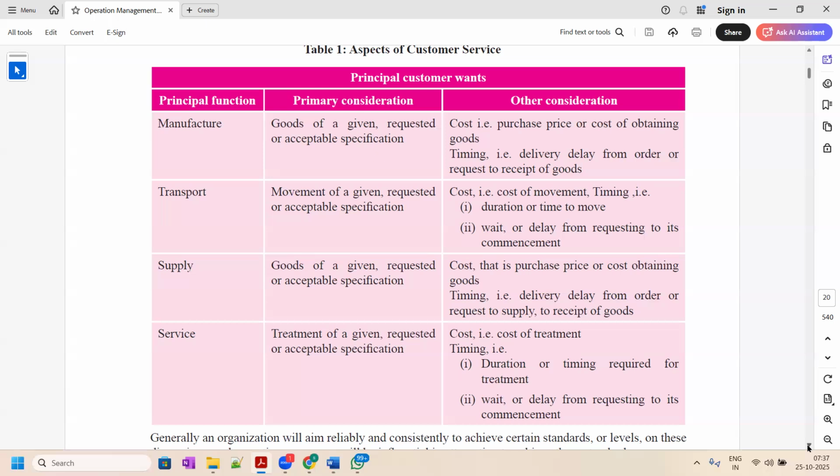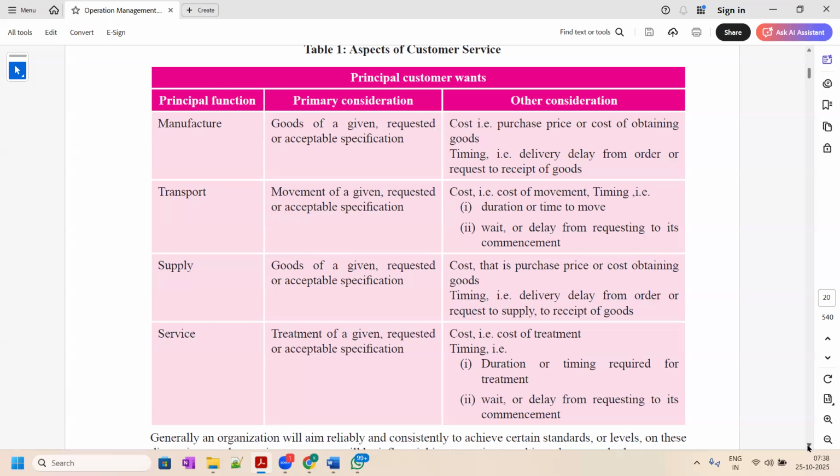So supply, basically you can say, is about the indirect cost of getting the product. The direct cost of getting the product is the COGS, cost of goods sold, which is basically the manufacturing. Okay, the manufacturing COGS is the direct cost of getting the product. Supply is the indirect cost of having the product.